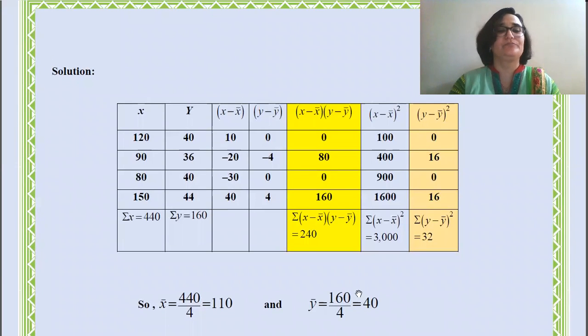So let's start. What was your x bar? Please remember 110. What was your y bar? 40. Calci in your hand. You will calculate with me. All right, let's begin. X minus x bar means 120 minus 110. कितना आएगा? 10. Very good. Next, 90 minus 110. कितना आएगा? Minus 20.